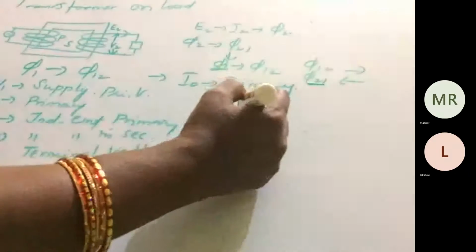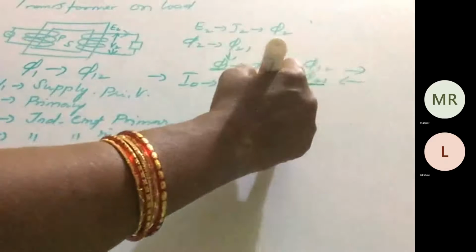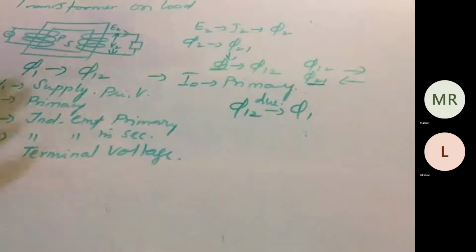Phi 1 2 is due to phi 1. Actually, the flux phi 2 is opposite to the flux phi 1, so the linkage fluxes will be cancelled.